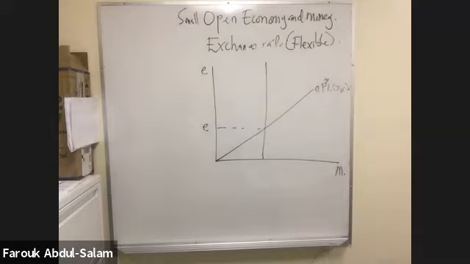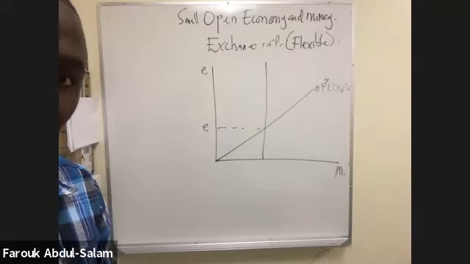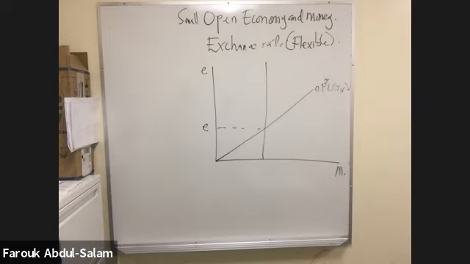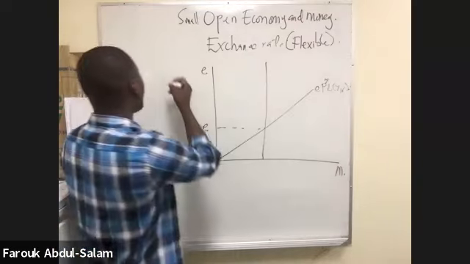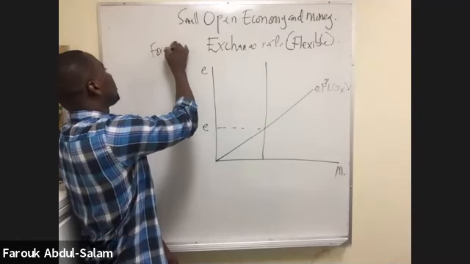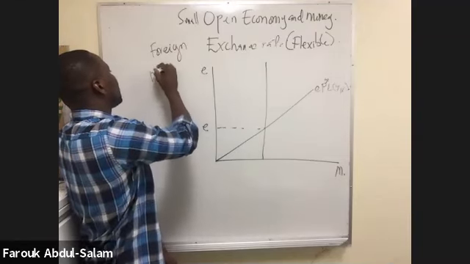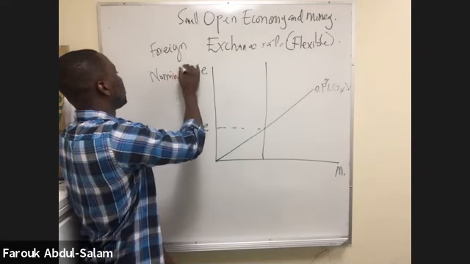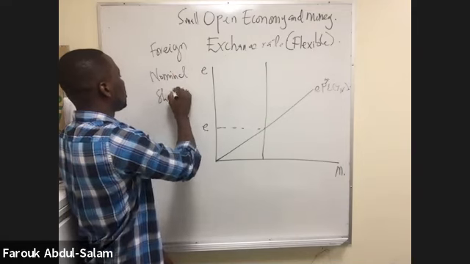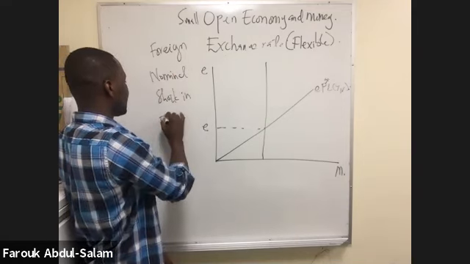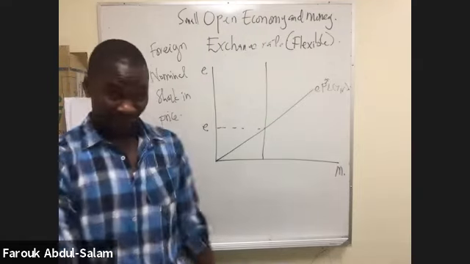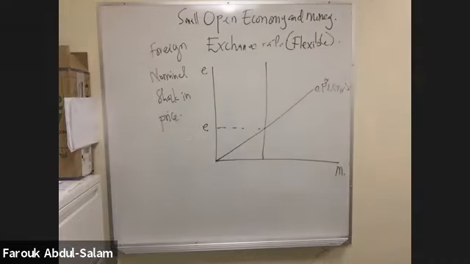Now what I'm going to analyze here is the foreign market experiencing a shock, and this shock is nominal. So keep in mind, we are going to analyze a foreign nominal shock in price.